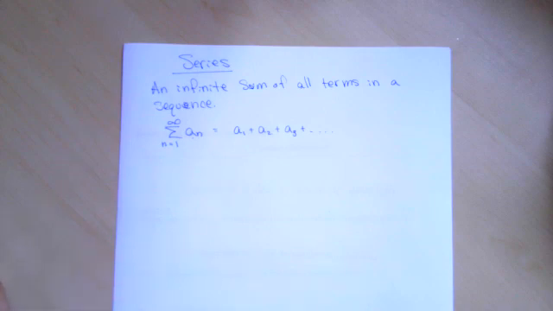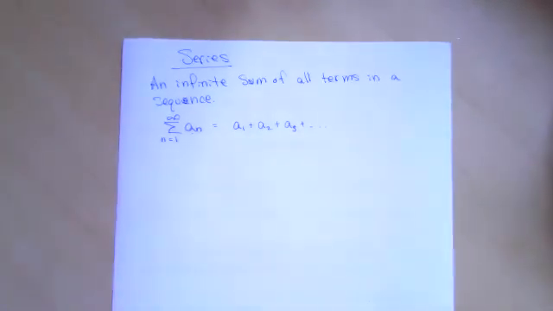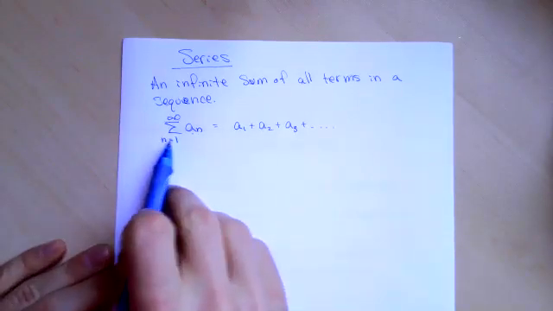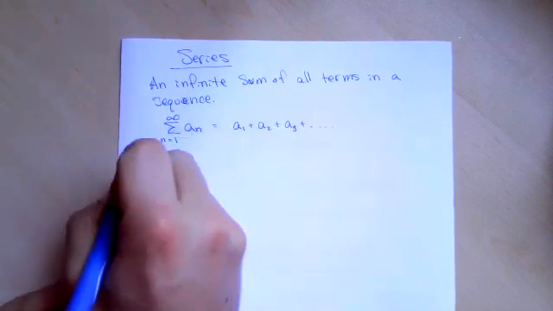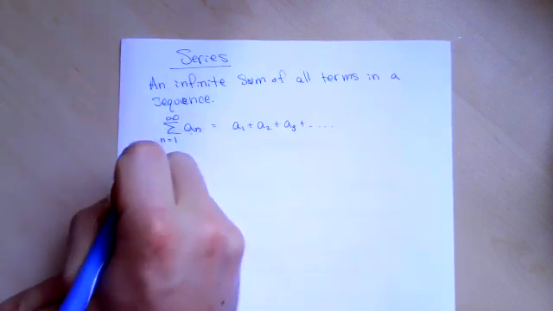And so it poses a question: how can we add an infinite number of values together and still get a finite number? We'll start by looking at geometric series as the first basic example of how that works.